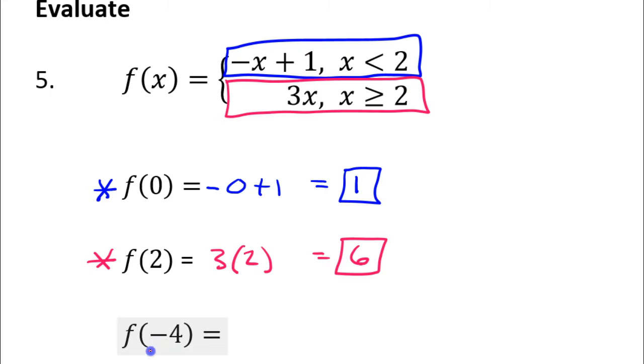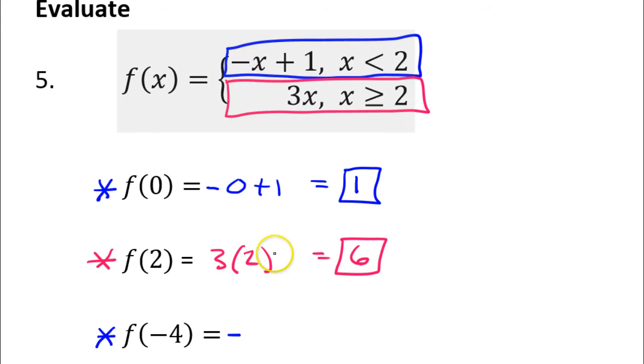And finally, if the x value is negative 4, is that less than 2, or is that greater than or equal to 2? Well, negative 4 is less than 2. So we will go back to the blue piece of the function. So plugging in negative 4 right here, that actually gives me minus, all right?